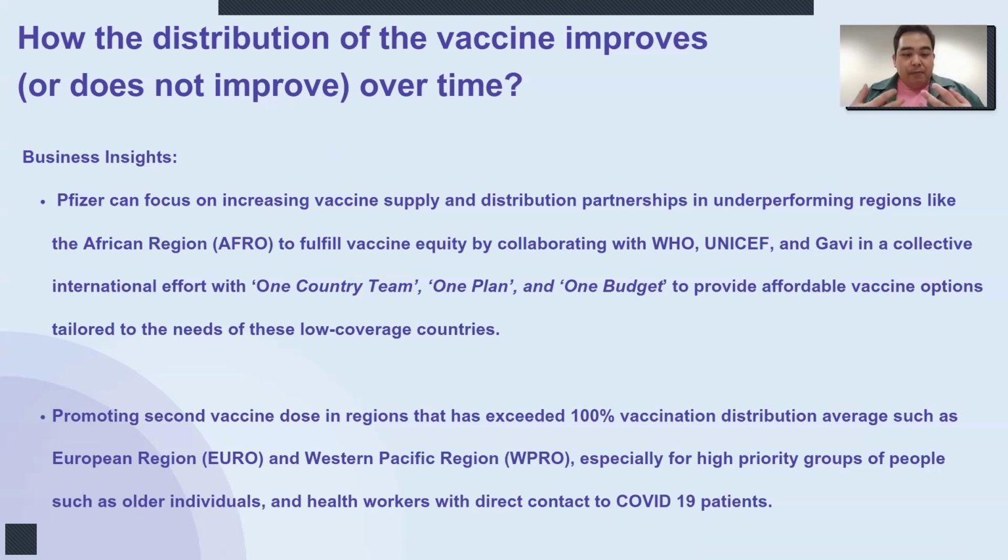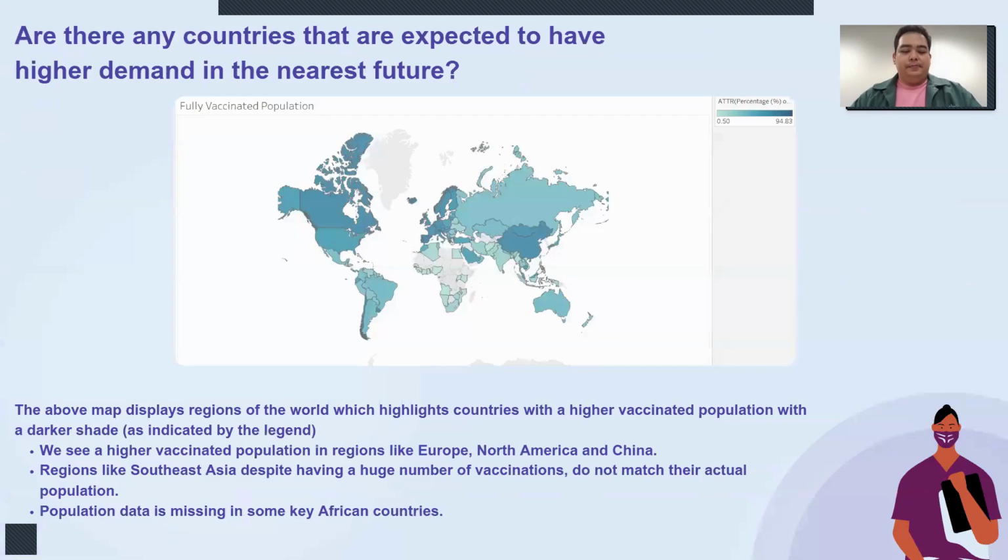And second, promoting second vaccine doses in regions that have exceeded 100% vaccination distribution average, such as the European region and Western Pacific region, especially for high priority groups of people such as older individuals and health workers with direct contact to COVID-19 patients. Now I'm going to pass the floor to Harsh.